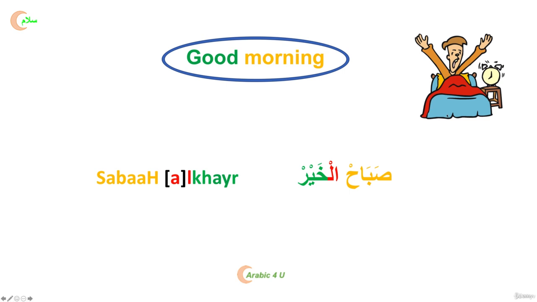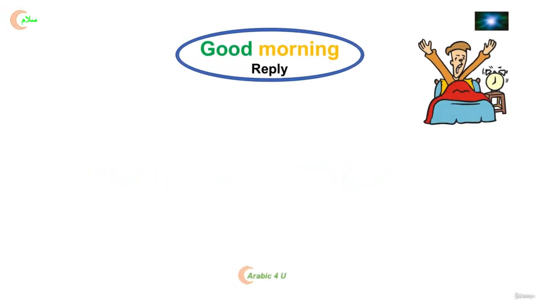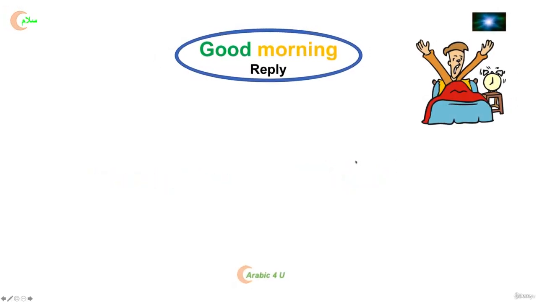I also added a picture here, and this will help your brain retain the vocab and associate it with waking up. Great. Now, to reply to Sabah al-Khair, you can say Sabah al-Khair, the same thing. If someone says Sabah al-Khair, you say Sabah al-Khair back. Or we have another way of replying, and that is Sabah, which is the same, and let's read the next word.